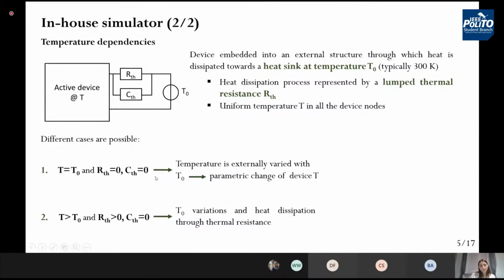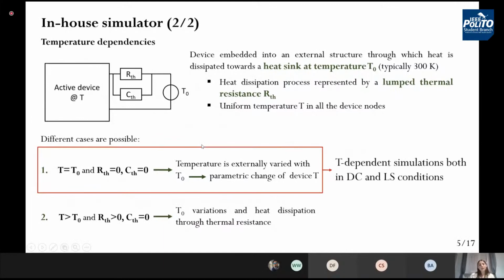In the first case, we don't have a thermal resistance, and the device temperature is always equal to T0, so it is externally varied with the heat sink temperature.